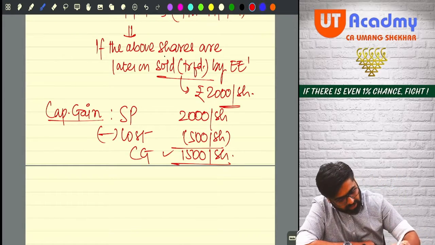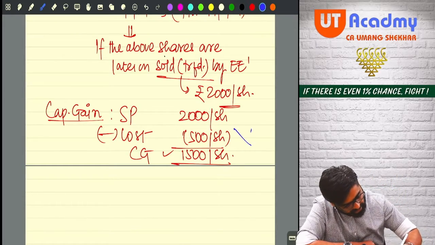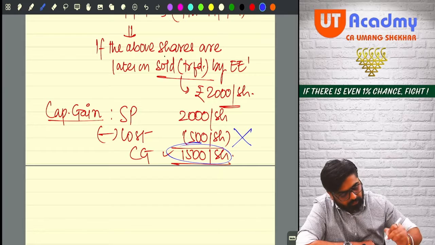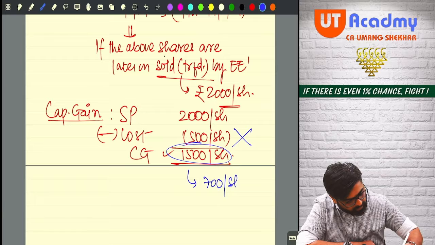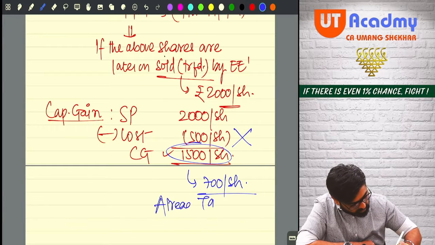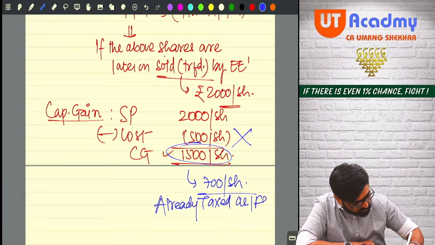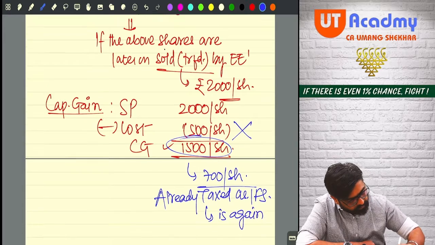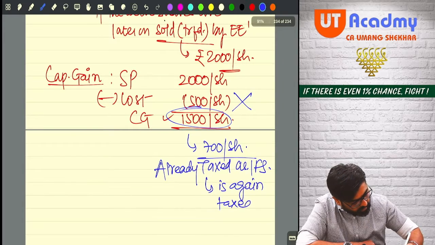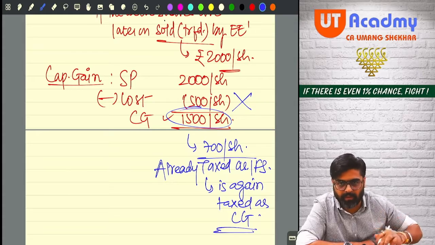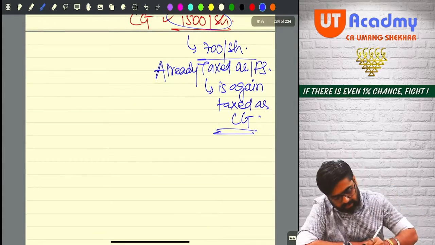If you will take the actual cost, what will happen in that 1500, the 700 rupees per share, which was already taxed as income from salary, is again taxed as capital gain. If you don't want this thing to happen, you revise your capital gain calculation.